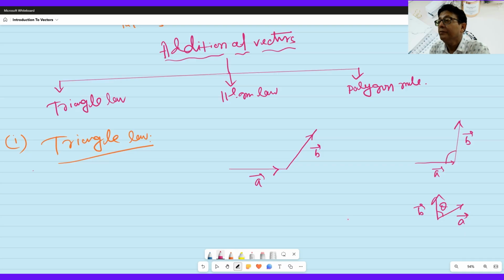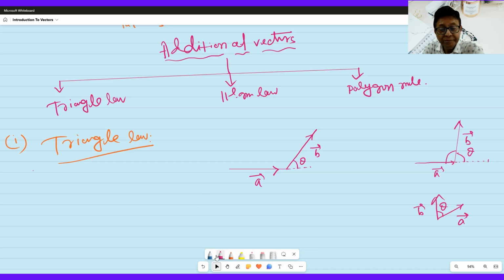You have to make them co-initial. So produce this in forward direction. This is going to be the angle between two vectors. Clear? As if the vector A, we move it forward to make A and B collinear, and this is going to be the angle. So here angle is going to be this thing, angle between two vectors.